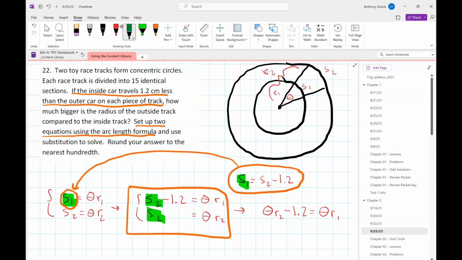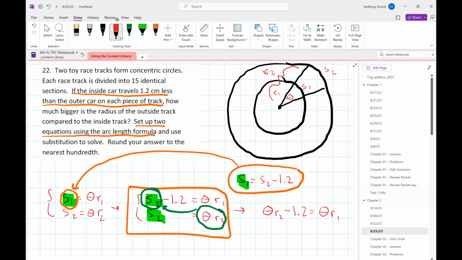And then my last step was I saw that S2 is equal to R2 theta. So I substituted that in for the S2 in equation 1. So I just did a substitution, which gets me to where I'm at here in red in my next step.